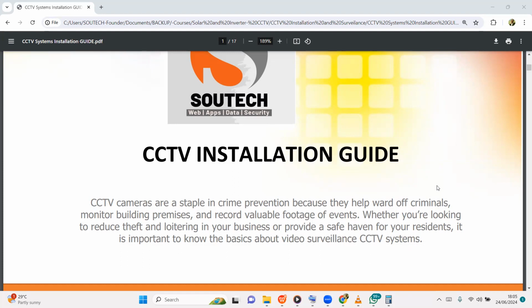Now, we'll talk about CCTV systems. Most of the time, in any situation where you have power, you have alternate energy, either wind, solar, or a hybrid system.